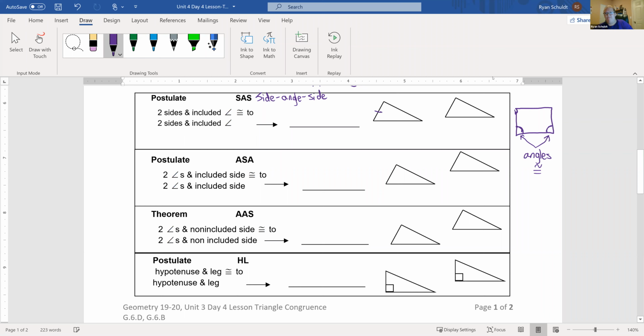So we're going to have a pair of sides congruent, the angle in between them congruent, and then another set of sides congruent. See how that angle is sandwiched in between those sides? That's what we want to see. If you have this, then you can say you have congruent triangles. That's side angle side.